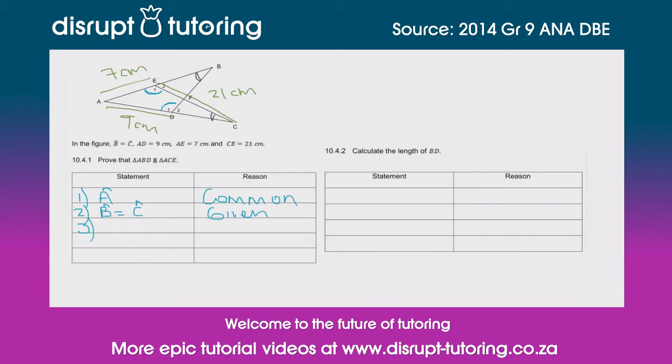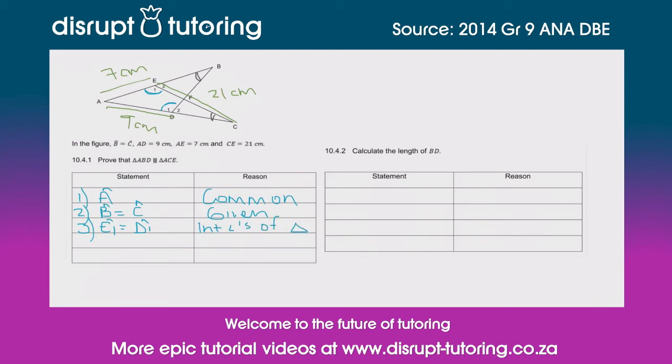Well, if the two triangles have the same two angles, we know that the total angles within a triangle are 180 degrees. So if we subtract the same sized angles from 180 degrees for both triangles, we therefore know that E1 and D1 must be equal to each other. So we can say that E1 is equal to D1, and that is because of interior angles of a triangle.